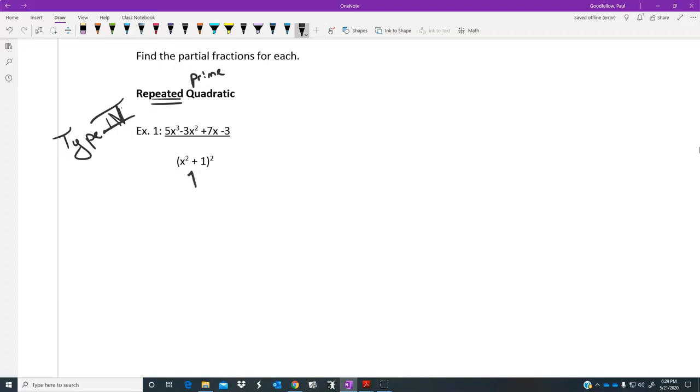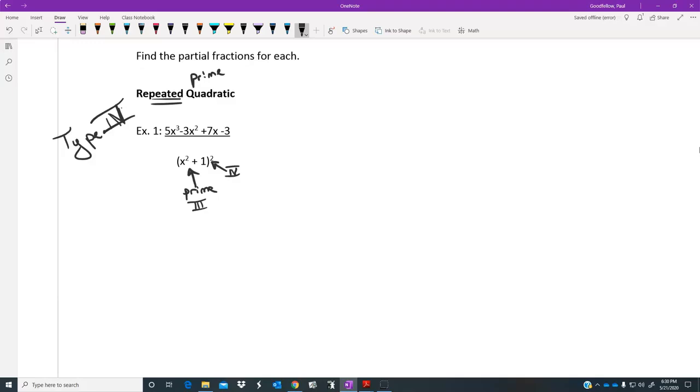Now, you can see that this one is a non-factorable or prime quadratic, because if I still tried to factor it, it would end up generating unreal or imaginary answers. So we're definitely thinking that it's a type 3. But the moment that it's got the square on it, it becomes a type 4.